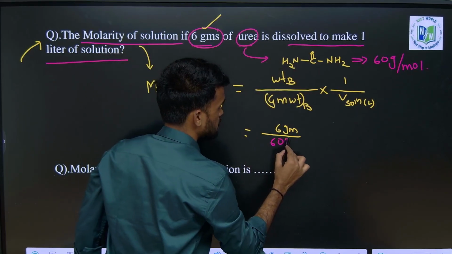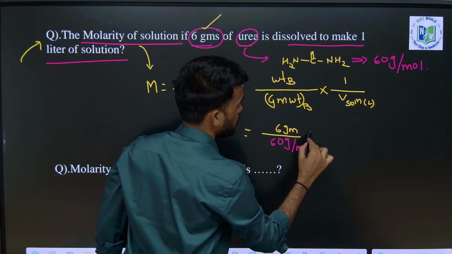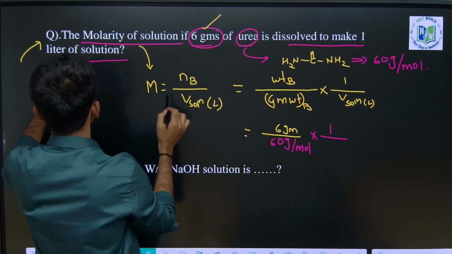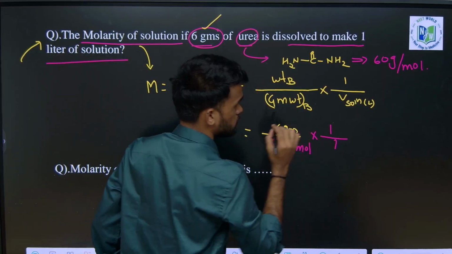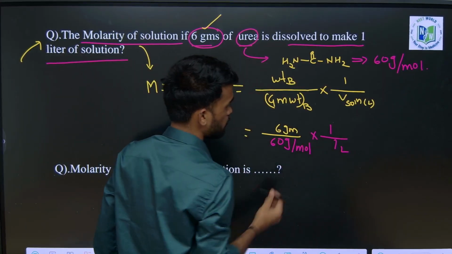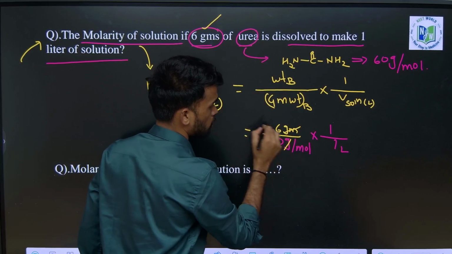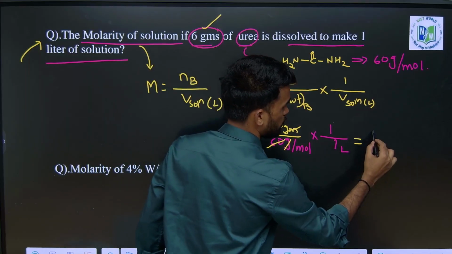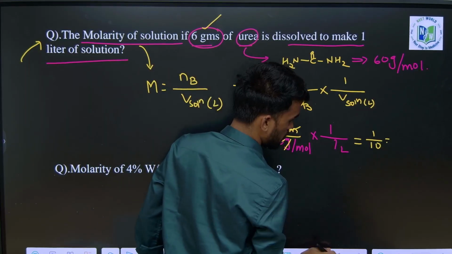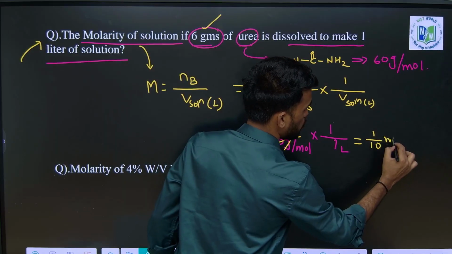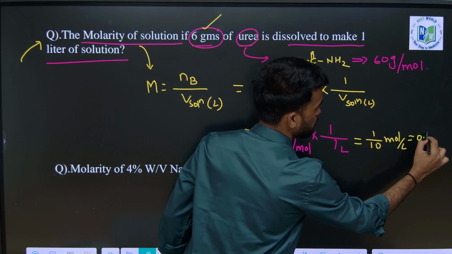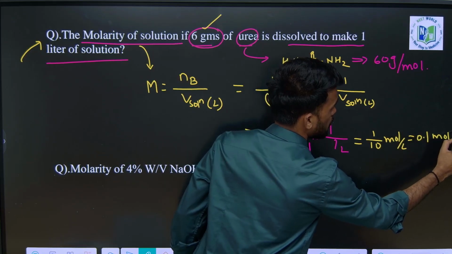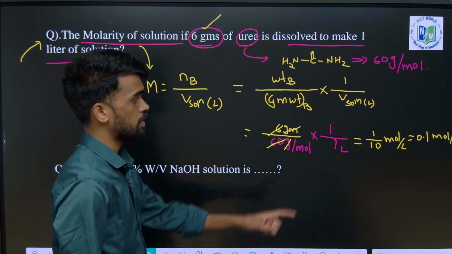Just write it as 60 gram per mole here, into 1 by, how many liters is it? 1 liter. So gram got cancelled. Here 6 and 60, so it means 10 times, that will be 1 by 10. So I can write 1 by 10 mole per liter, or I can represent it as 0.1 mole per liter. So you have to express it in that way.